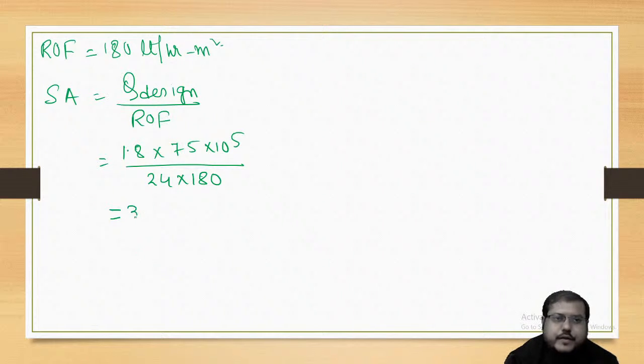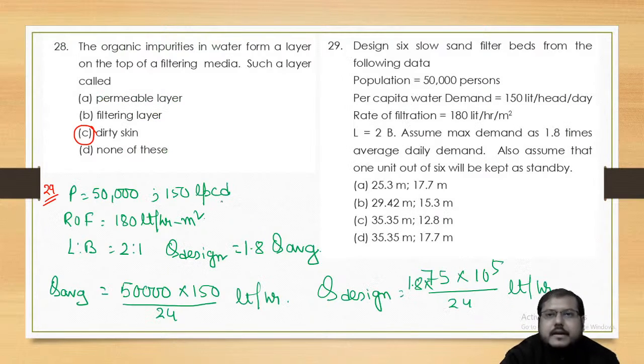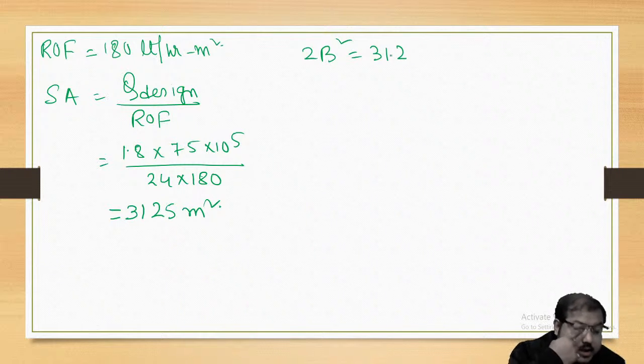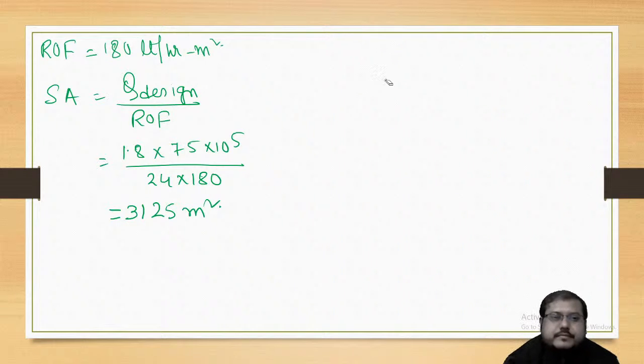It's 3125 meter square. L is to B is 2 is to 1. So 2b square is equal to 3125. No, sorry. It is the total surface area, right? So area of one filter we need to find out first. Extremely sorry, I missed it in hurry.